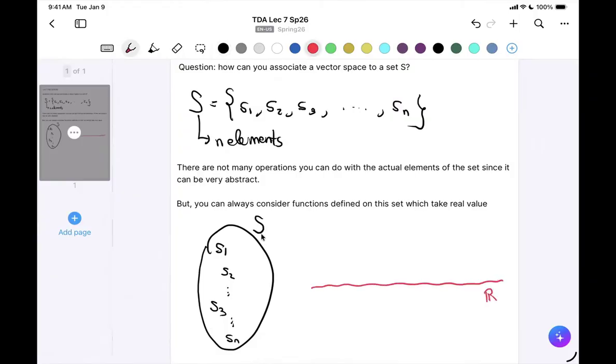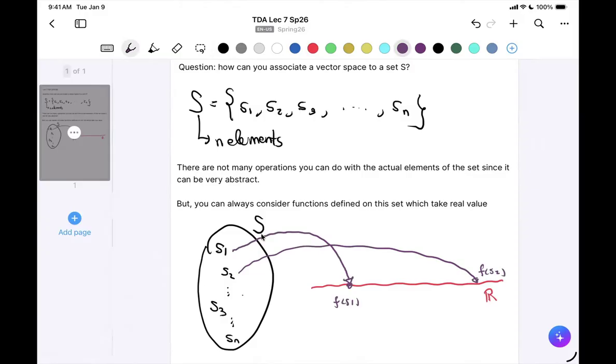A function from this set into the real line essentially means that for each of the elements of the set, you have to assign it a value. For example, it could take the first element and give you this number, and take the second element and give you this other number.